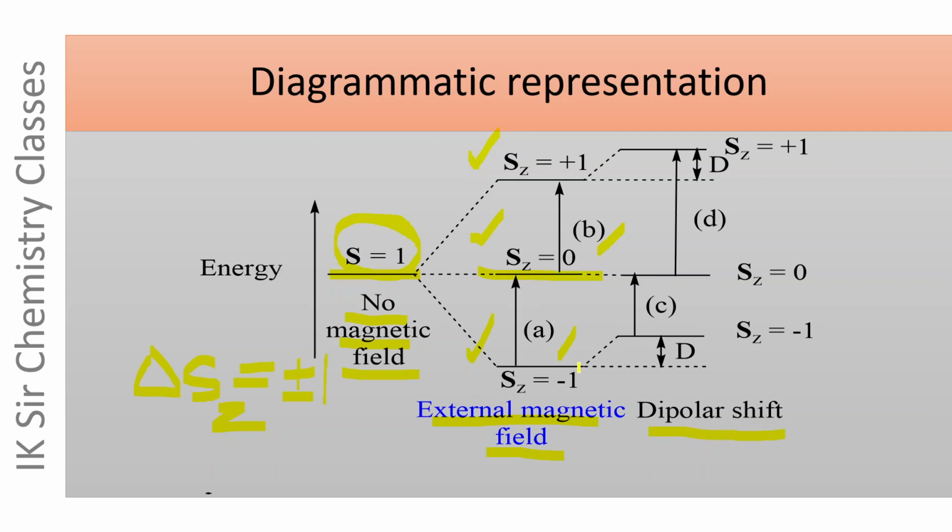The energy of this state increases by an amount D, and the energy of Sz equals to +1 state also increases by an amount D due to dipolar coupling or dipolar interaction, which is produced by magnetic field caused by an unpaired electron in the vicinity of its neighboring electron.